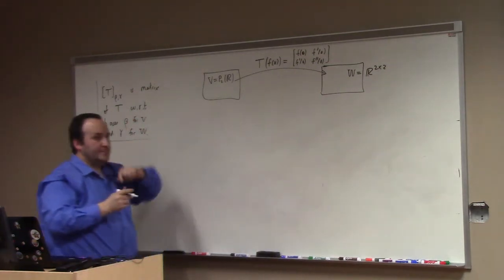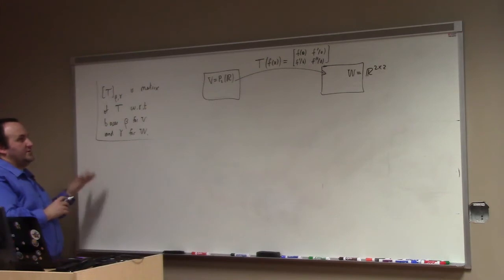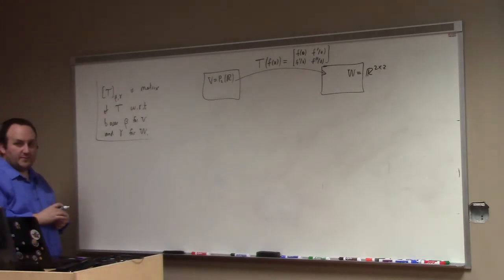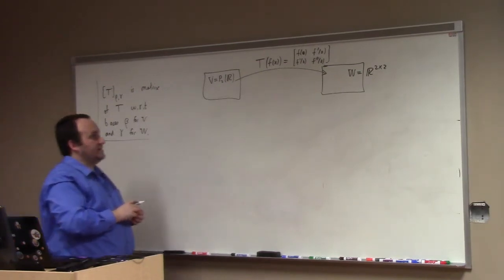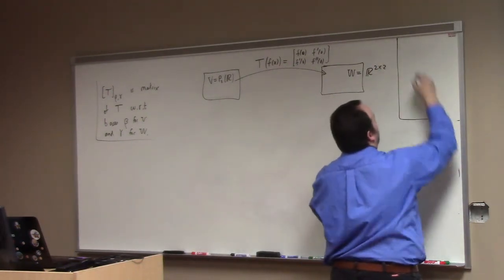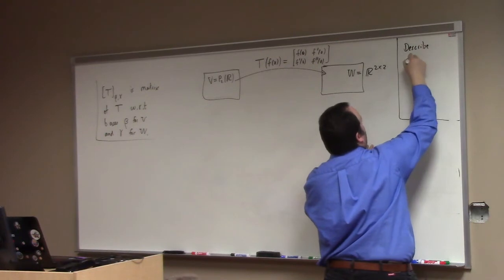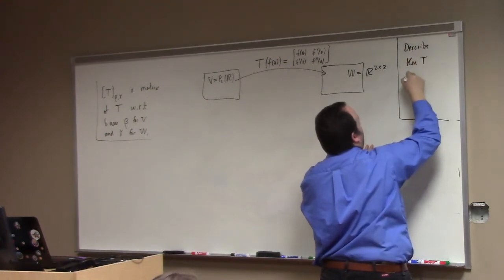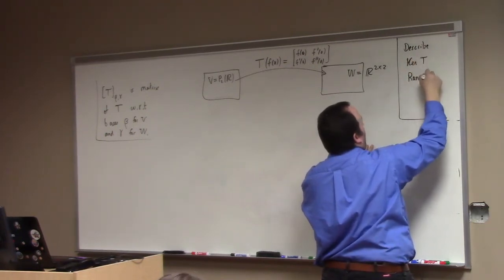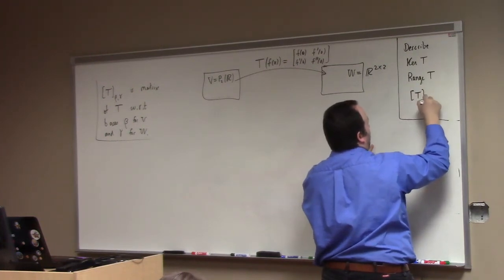Okay? So to make this problem interesting, let's do a few things. Let's calculate the kernel of this map. Let's calculate the range of the map. So three things to do: describe the kernel of T, the range of T, and find the matrix T beta gamma.